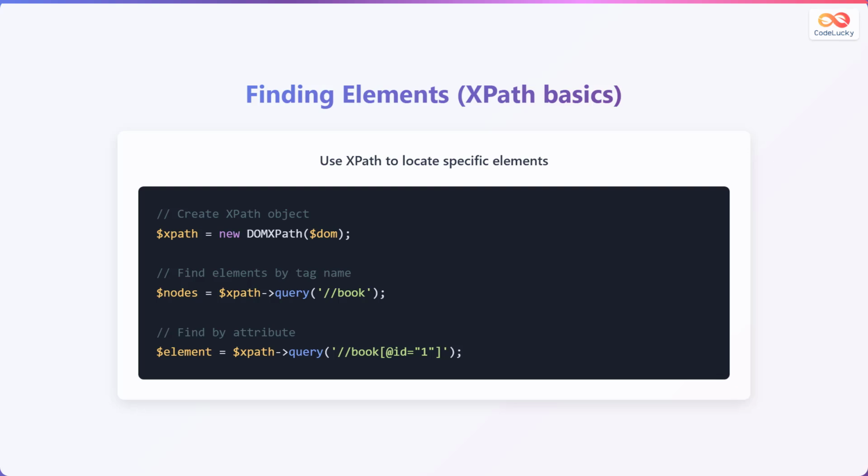This will return a node list of all elements with that tag name. Similarly, to find elements by attribute, use the query method with an XPath expression that includes the attribute condition, such as //tagname[@attribute='value']. These XPath queries enable you to precisely target the elements you need.